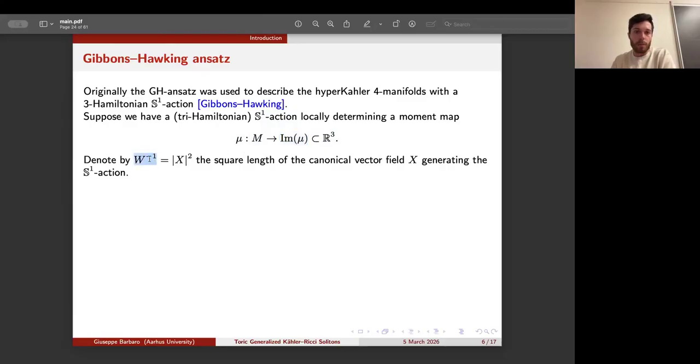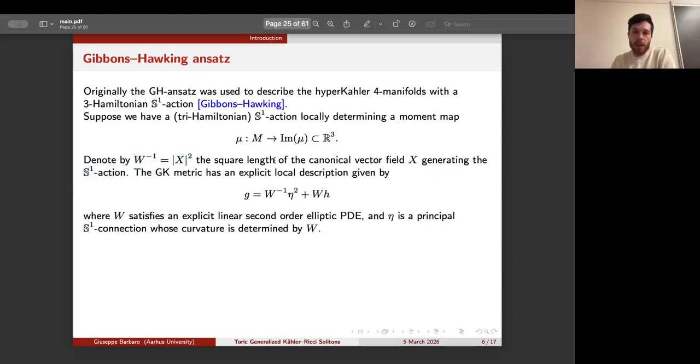Let's call omega the function detecting the length of the vector field X, and then the metric will be bundle-like. It will have a part accounting for the vertical direction on the fiber S1 and a horizontal one, H. This eta, looking at the S1 direction, is a principal connection, and its curvature depends on omega, and omega satisfies an analytic PDE, very similar to the original Gibbons-Hawking ansatz.